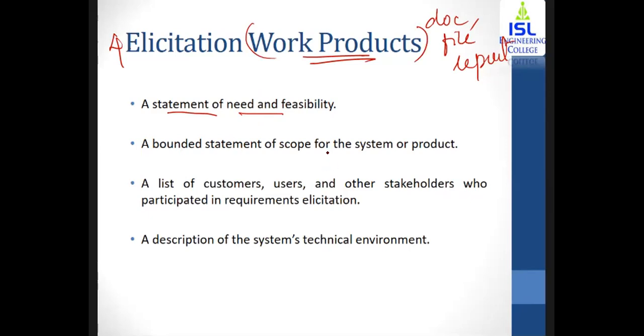Then a bounded statement of scope of the system or the product. You're also going to identify the scope of the product. Each and everything needs to be in a written format. A work product is in written format. Then a list of customers, users, and different stakeholders that have participated in the elicitation. What is elicitation? Requirement gathering.